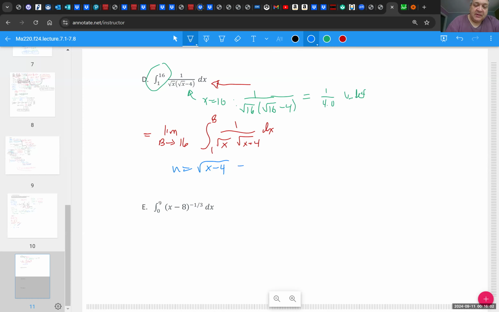And this is the same thing as x minus 4 to the 1/2, by the way. And I compute my du/dx, and that's 1/2 times x minus 4 to the minus 1/2 times 1. Why is there a times 1? Because I have to use the chain rule. If it's not just x to the 1/2, I have to multiply by the derivative of that inside function, as some people call it.